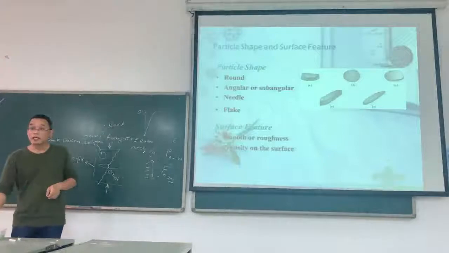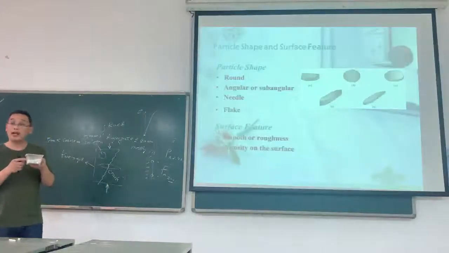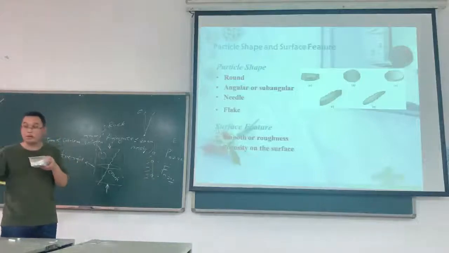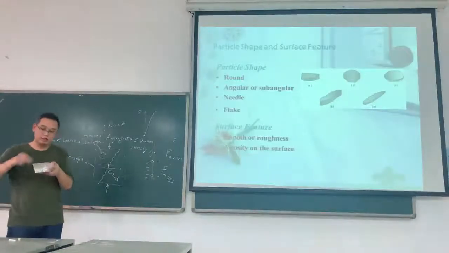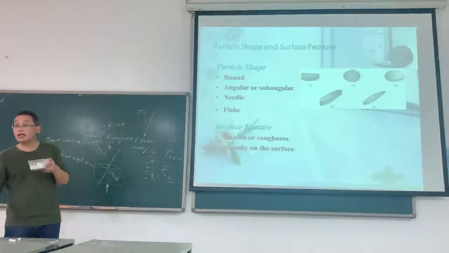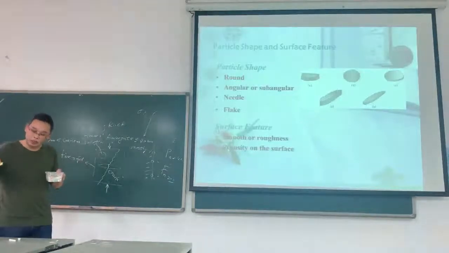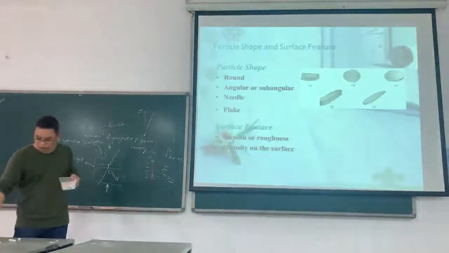Maybe we can get a kind of aggregate, and then we need to find the needle shape aggregates and the flake shape aggregates, and then we can get the content of these two. Yeah, we can use this tool.